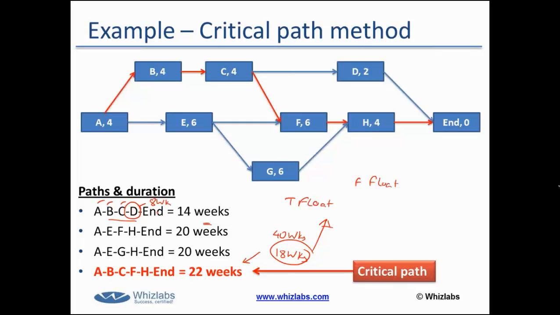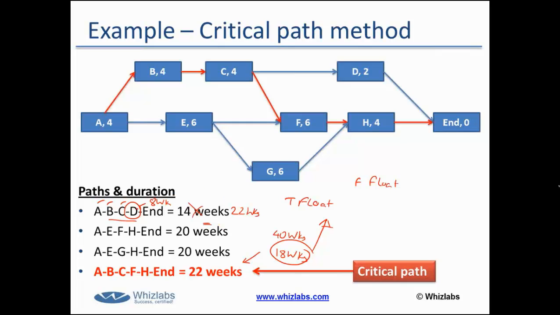would happen? The duration of this path would now become 22 weeks. But still, the project would be completed within 22 weeks. My project is not getting delayed. Please follow me very closely.